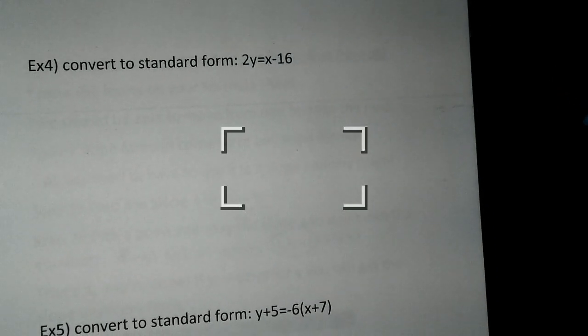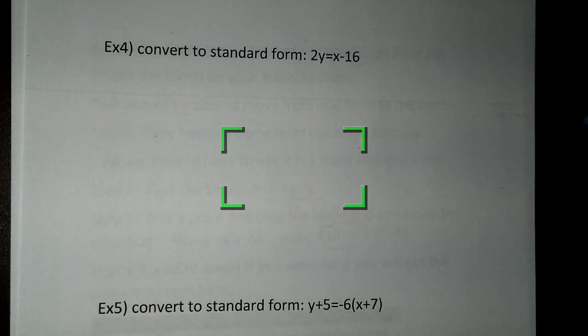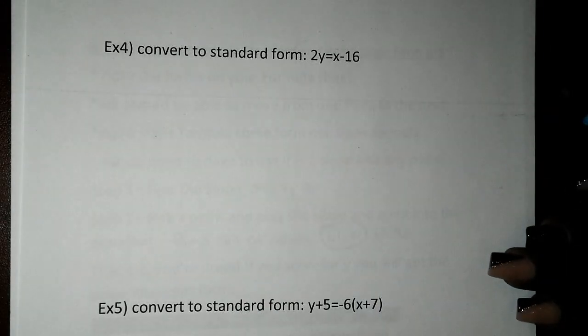Another thing you guys got to learn how to do based off of your EOC is know how to convert an equation to standard form. So what do I mean by standard form? So you have different forms of an equation. So right now you got 2y equals x minus 16.